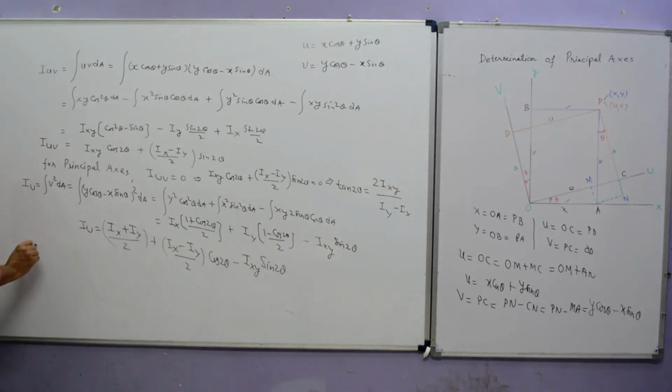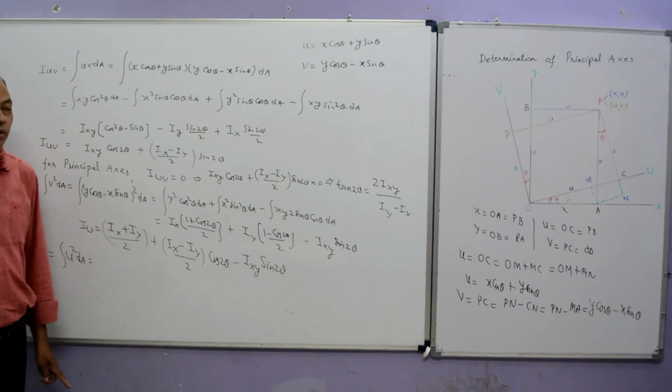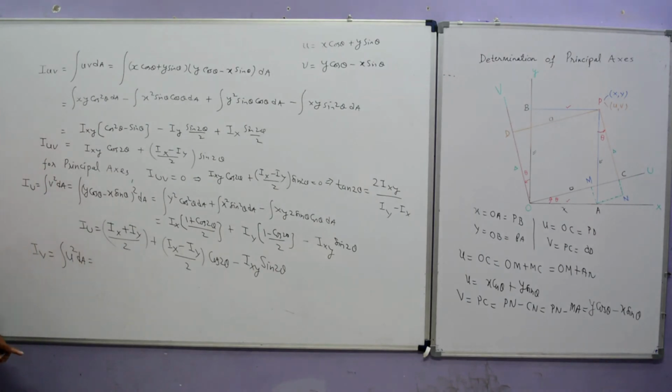Similarly, we can derive the formula of Iv equal to integral of u square dA. So this Iu can be calculated when Ix, Iy and Ixy are already calculated, and these formulas are necessary for the calculation of some numericals in unsymmetrical bending.